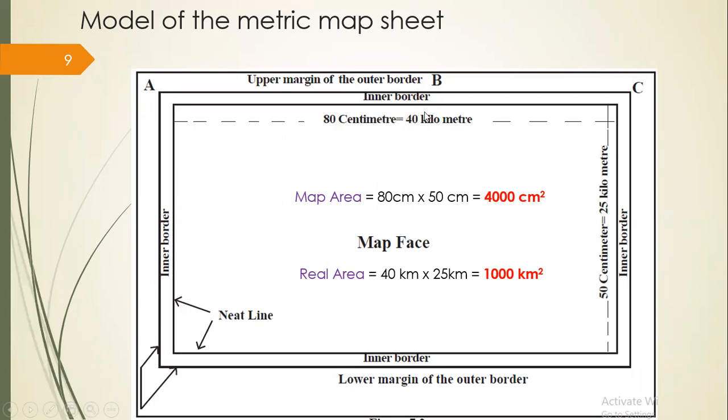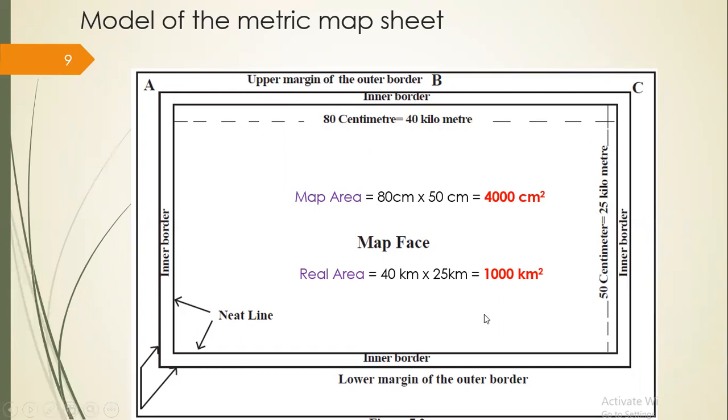You can calculate and see now. Then 50 centimeters are showing you 25 kilometers. Then 80 divided by 2 is 40. 50 divided by 2 is 25. In that way, you got the distance of this map sheet.